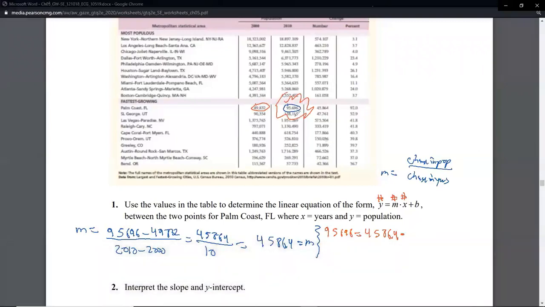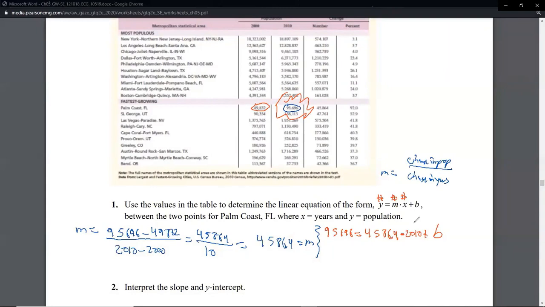I already said it doesn't matter. Plus b, we're not plugging a number in for b, so we leave it alone. If I had plugged in the 49,000 and the 2,000, you would end up with the same b.